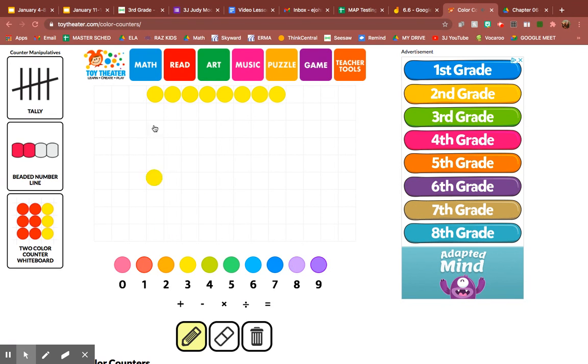There's 1 row of 8. Okay, there's 2 rows of 8, which equals 16. I'm still not to 32 yet. Okay, there are 3 rows of 8, which equals 24.